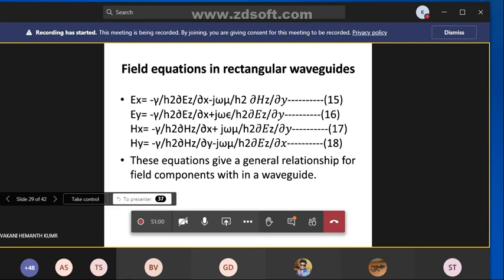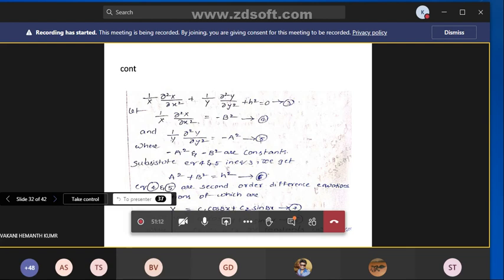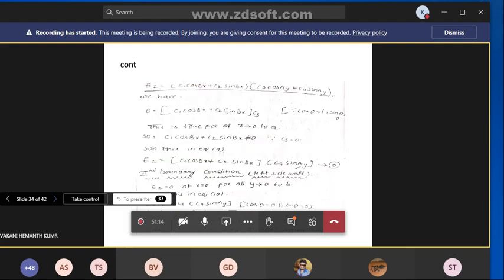Ez equal to C sin m pi by a x sin n pi by b y. Substitute this Ez equation in all these four field components. That is our target, right?